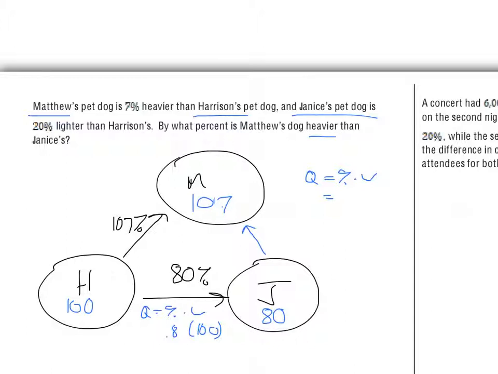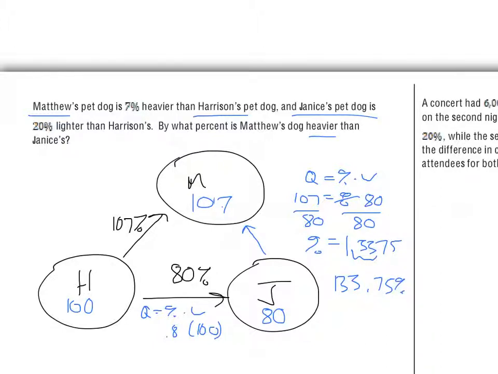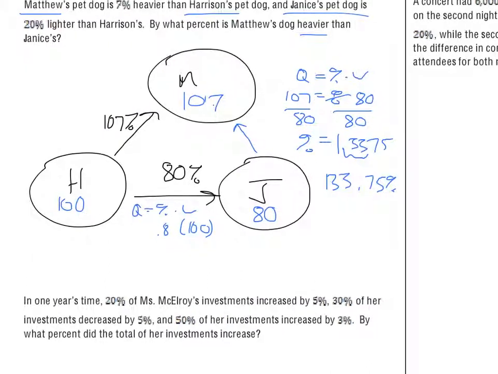That's what we started with. It's always the original, 80 to 107. And when we calculate that out, we'll get our percentage is 1.3375 or 133.75% of the original.